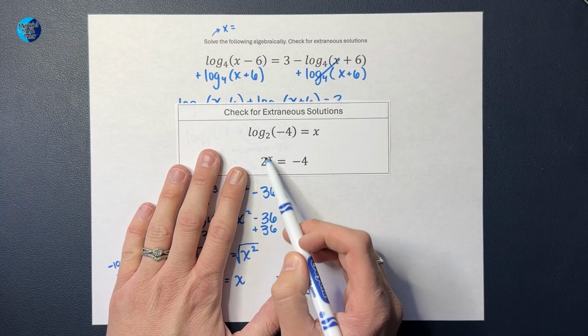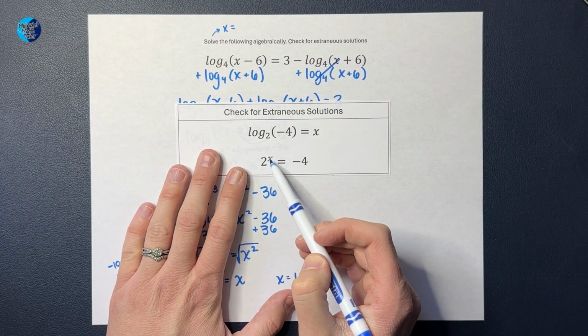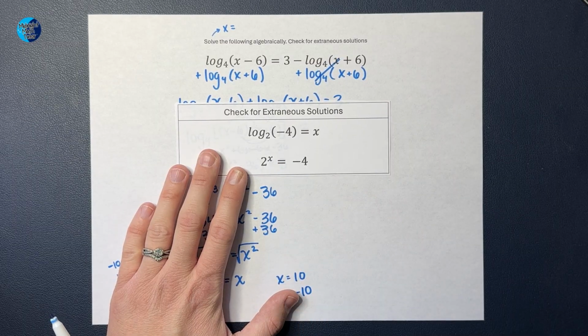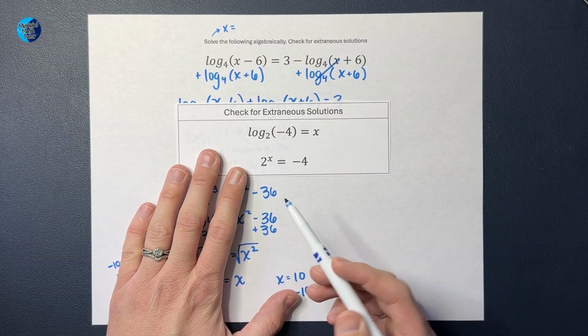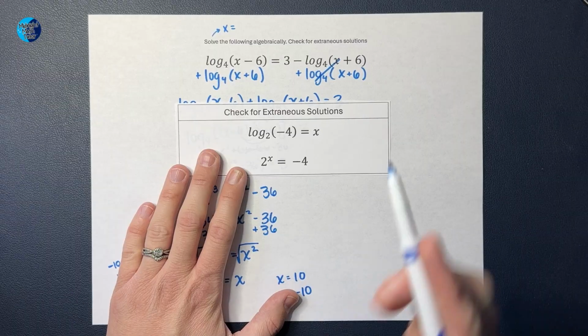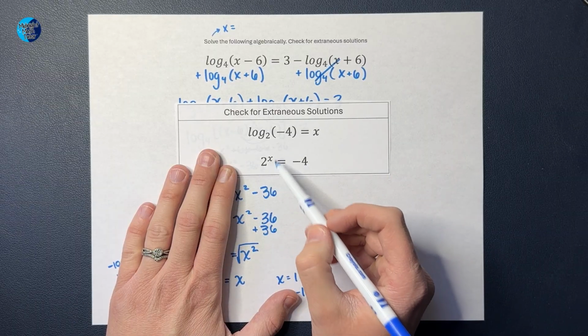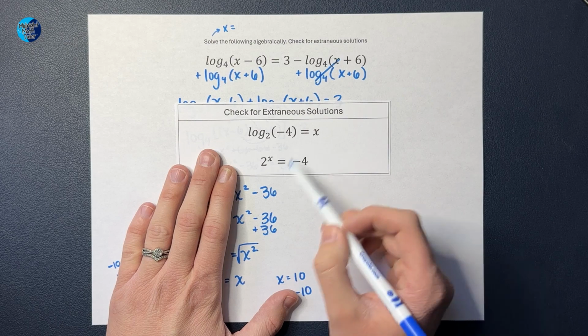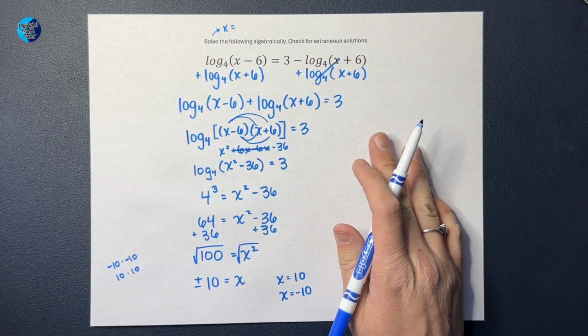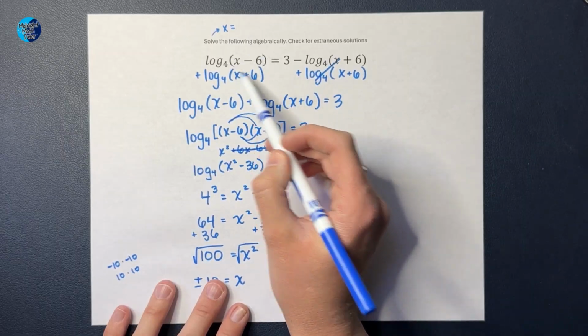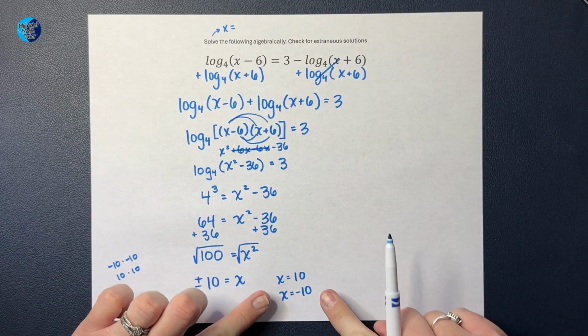Well, there is no number that would work for x to give me a negative 4 here. No matter what number I plug in here, this will be a positive number. It'll never be negative. Even if my x is negative, I might end up with a fraction, but it won't be negative. So I have to make sure that none of the insides of these parentheses end up negative when I plug these in.